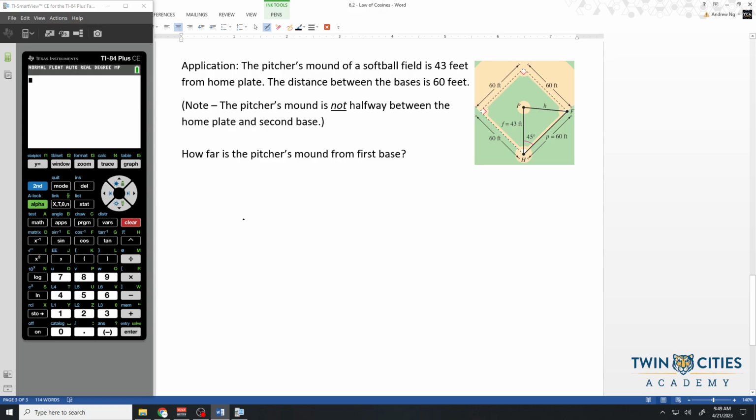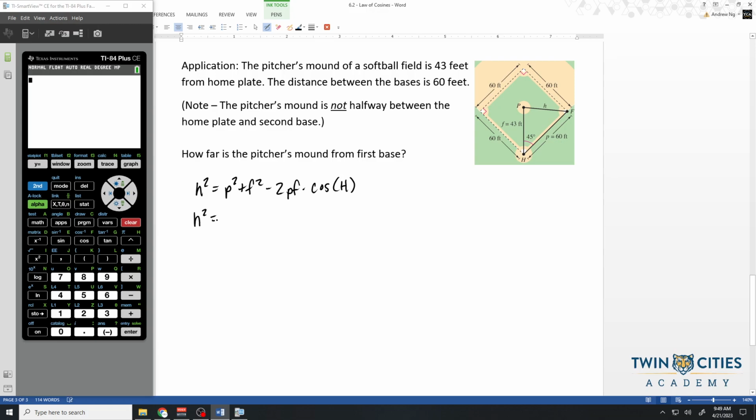This is going to be H squared, because that is the length I'm looking for. This is equal to, the other two sides are P and F. So P squared plus F squared minus 2PF times the cosine of H. Let's plug some things in.